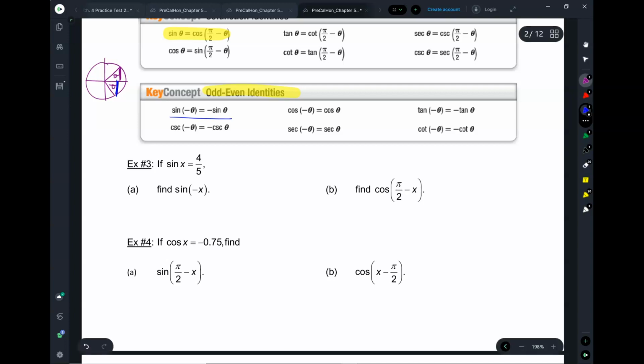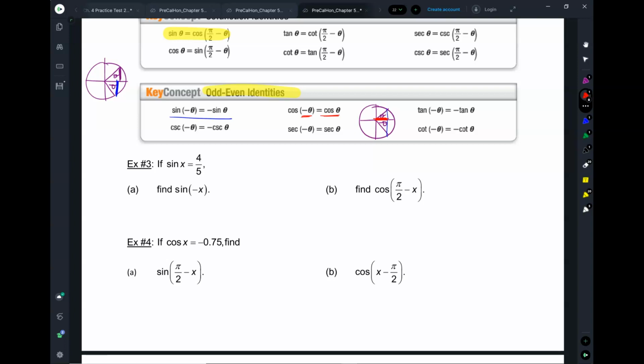Now, cosine. If you've got theta and negative theta, where is the cosine? The cosine is here for both of them, the red cosine. So cosine of negative theta is the same as cosine theta. You did this as a homework problem last chapter.